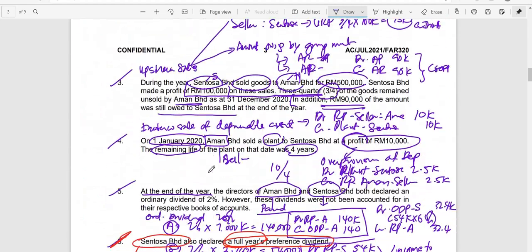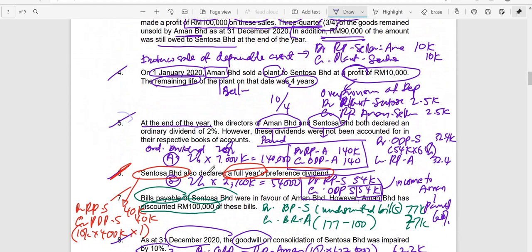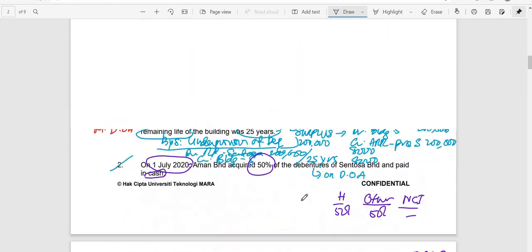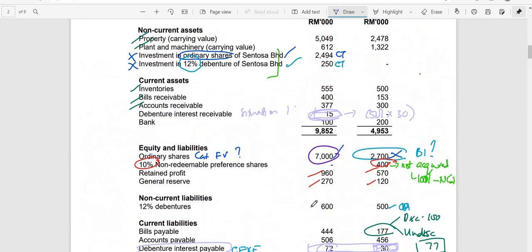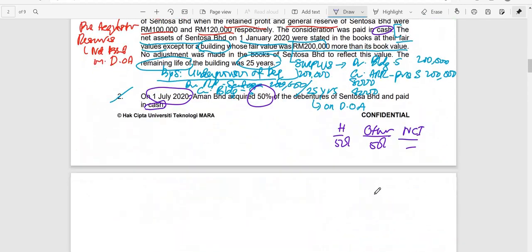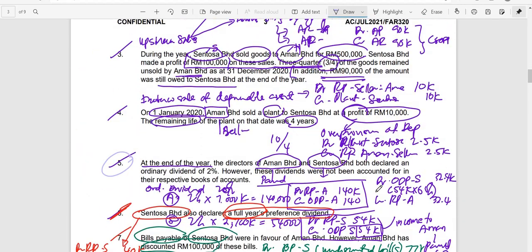Let me remind you that in number 5 here, the first one was situation 1, and the second one here is situation 2. Situation 2 is where both parent and subsidiary have not recorded the dividend.